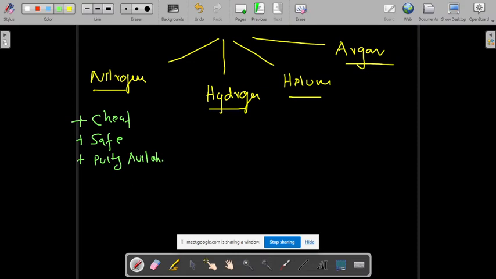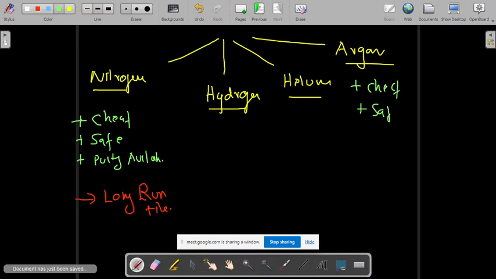But the only disadvantage of nitrogen is it has a long run time. It takes more time to run through the column. Long run time, that is the case with nitrogen. Similarly, argon also is cheap and safe, and the pure version is easily available.